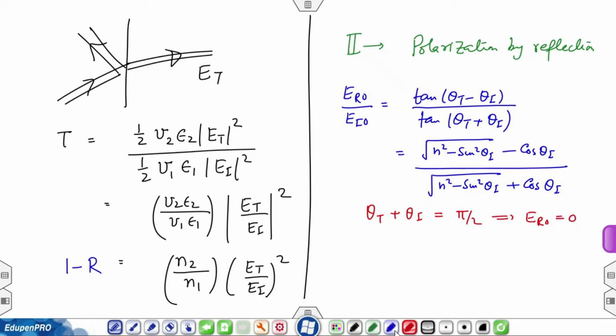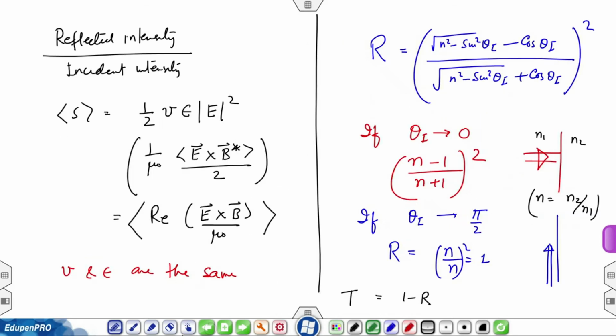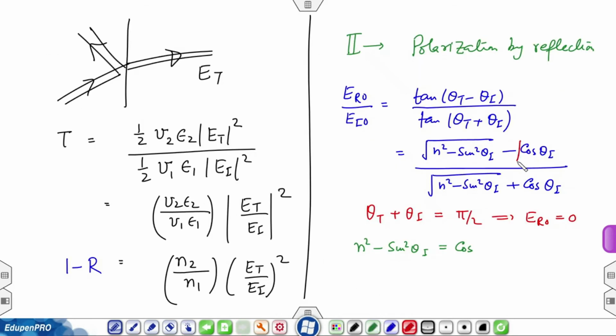You could also calculate it by writing n square minus sin square theta I is equal to cosine square, there is an n somewhere, I think I missed that, there is an n here, please correct this in the previous slide also.